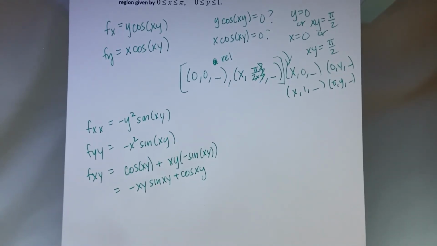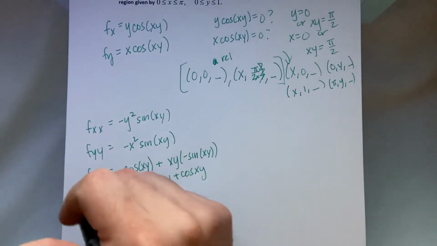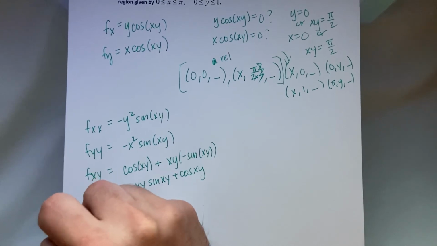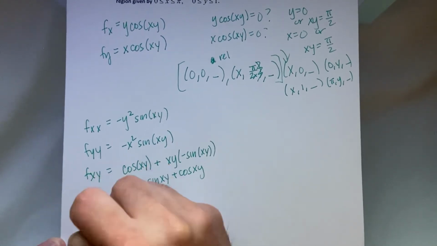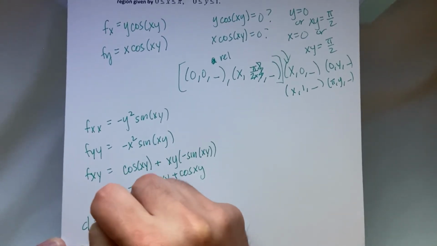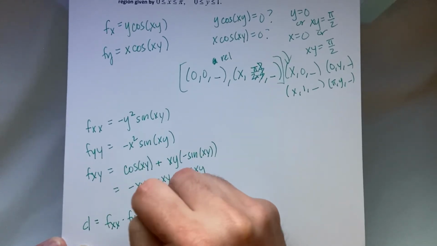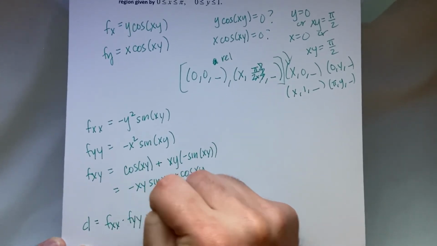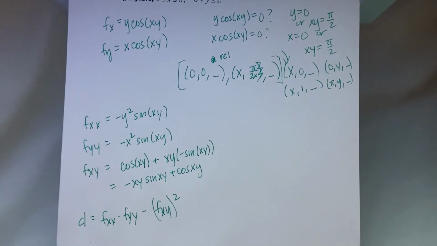However, arguably, this would be easier to check if we're trying to find what d is, right, at every point. Now, one thing to note, d equals f_xx times f_yy minus f_xy squared. Now, we can even plug in values to check this.